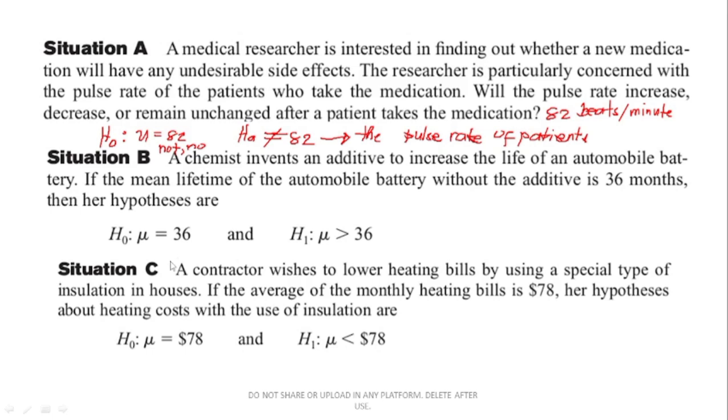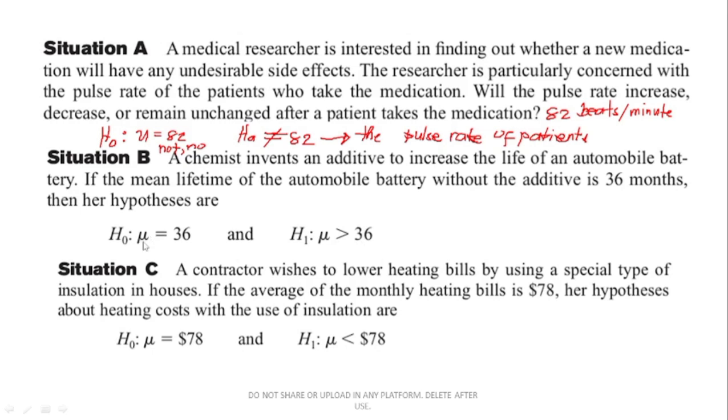So, in this situation, ang gusto lang ng chemist is makita kung magi-increase ba yung lifetime, yung lifespan ng battery. Yun yung goal niya. So, ang alternative hypothesis niya dito is the mean lifetime of automobile battery is greater than 36.